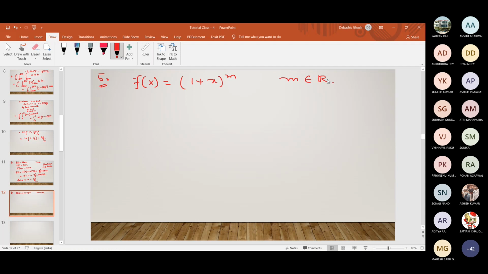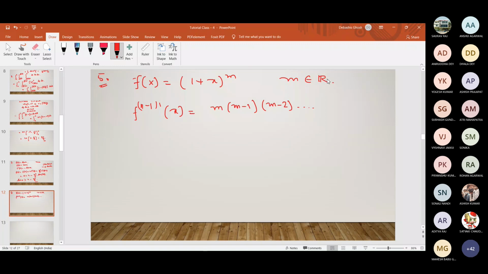So for that we must have f to the n minus 1 dashed x, it comes to m, m minus 1, m minus 2, it goes on. For the first one we have m, second one we have m and m minus 1.